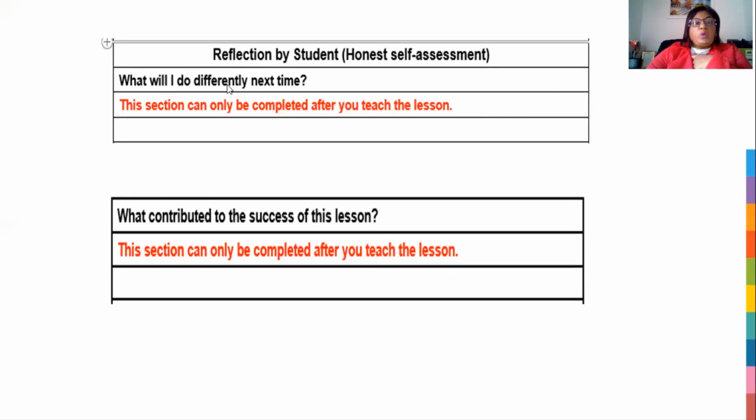So where it says, what will I do differently next time? Let's say, for example, you went to your teaching practice and this is the lesson your mentor allowed you to teach, right? So you'll reflect on the lesson and you'll think about aspects that perhaps went wrong in the lesson itself. What you will do then is state what happened, and then you will say what you are going to do about it. Perhaps you've said that the learners were very excited.